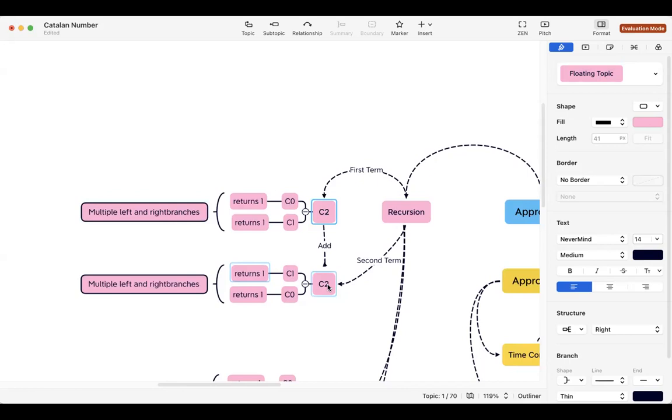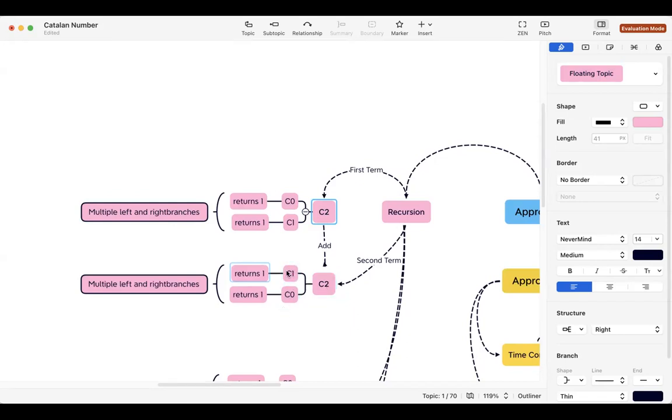Got it. So the second term is again based on the second iteration, which is the first term. C1 is our first term, which also returns 1, because we know these two numbers are given to us. We can remember that. These are basic cases. And C0 also returns 1.